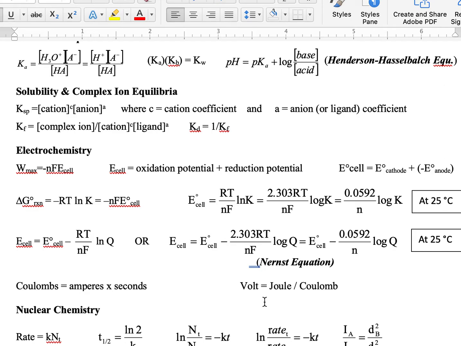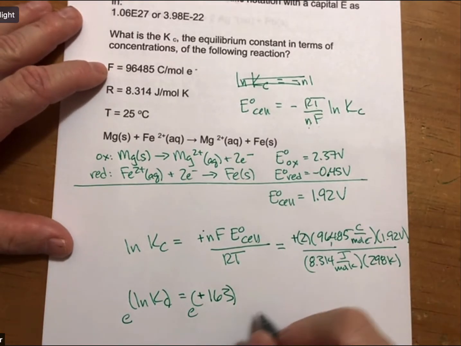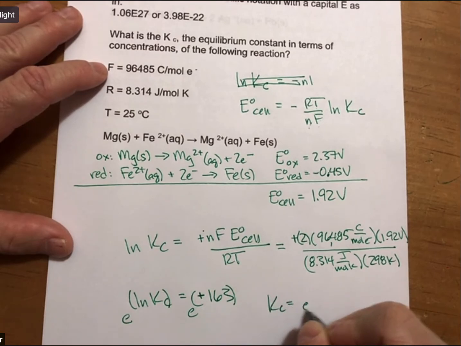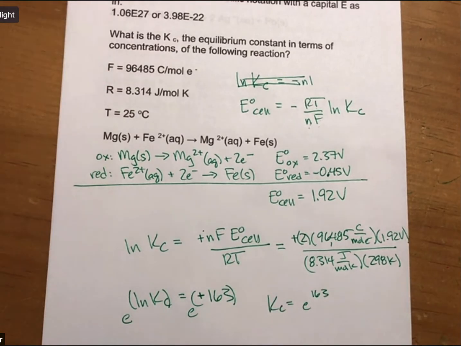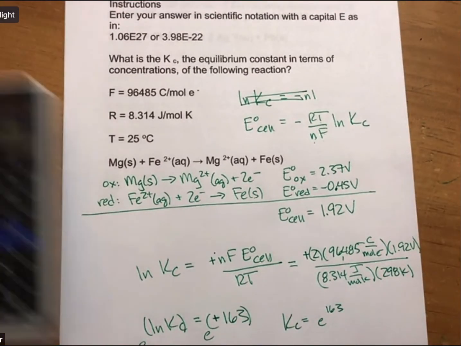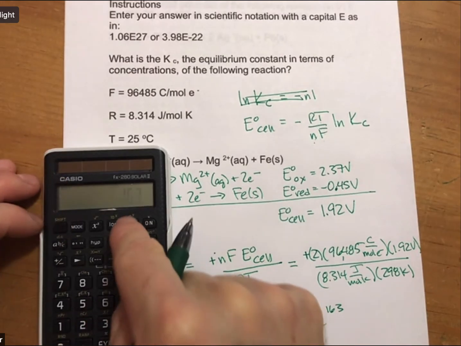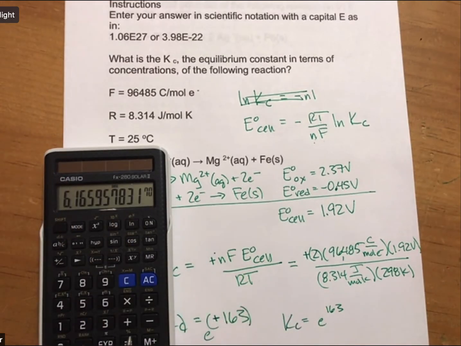But now, if you want to solve for Kc, you have to take the exponential of both sides. And so Kc will be e to the 163rd, which is going to be a large number, and that's why you're going to enter the answer in scientific notation. 6.17 times 10 to the 70th.